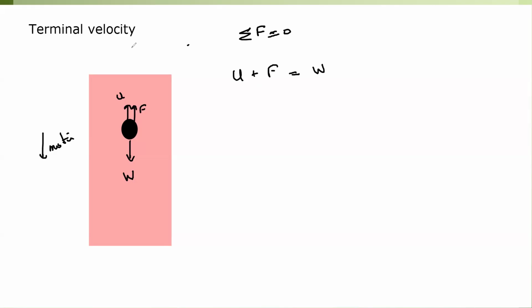What is the upthrust? We already learned this formula: the upthrust is equal to the density of the fluid, the medium in which the object is moving, times the volume of the displaced liquid, times gravity. It's not really the volume of the object, it's the volume of the displaced liquid.